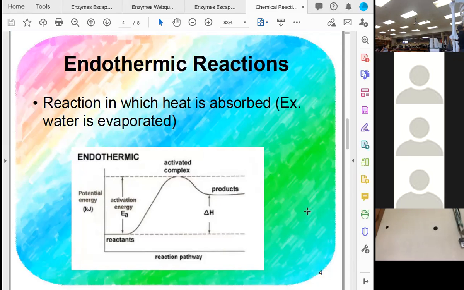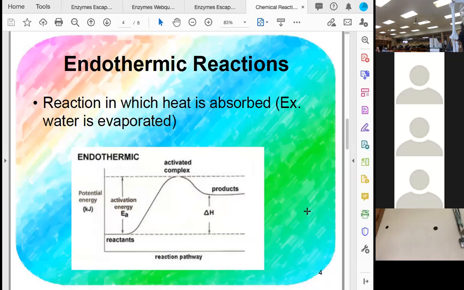Here's where the reaction takes place. And then look how much higher the products are here. So this means the products have more energy. So these reactants during this chemical reaction absorbed energy. And so now the products have more potential energy than the reactants did.